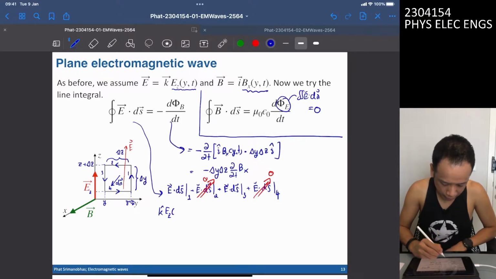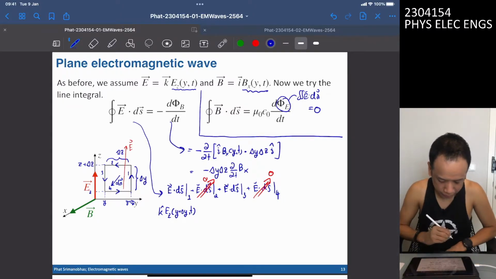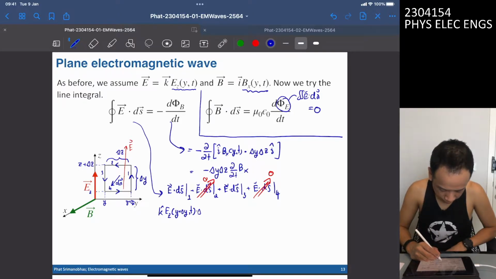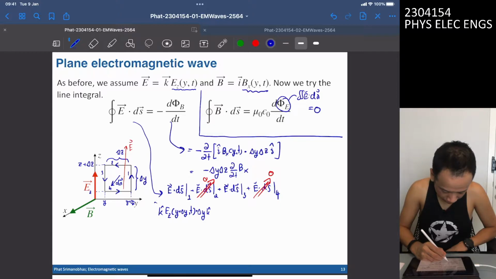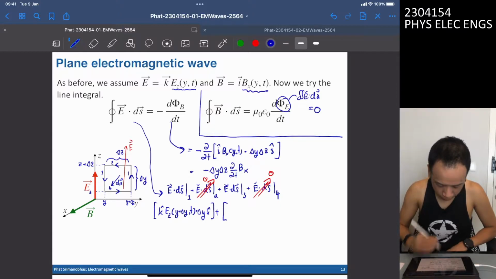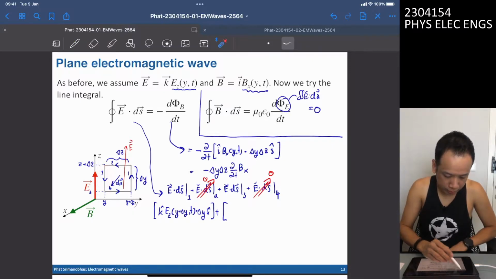At section 1, its y component is at y plus delta y, right? And okay, dot ds is dot delta y k. Okay, this is section 1. For section 3, it is here.